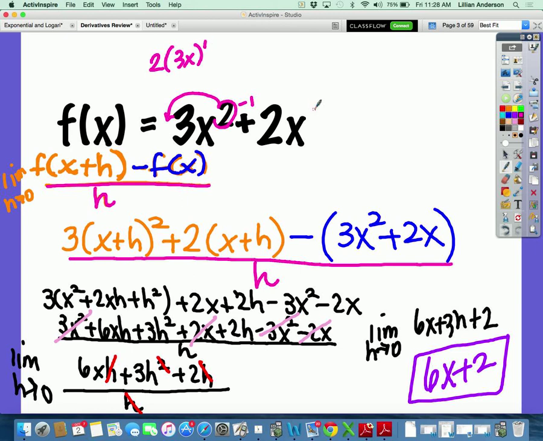And then in here, what's the exponent? So you take this, move it down to the front, and you have 1 times 2x, subtract 1, which is 0.